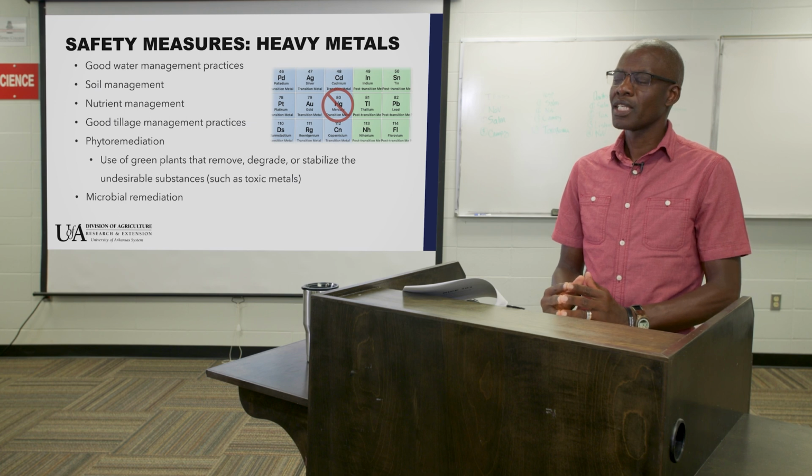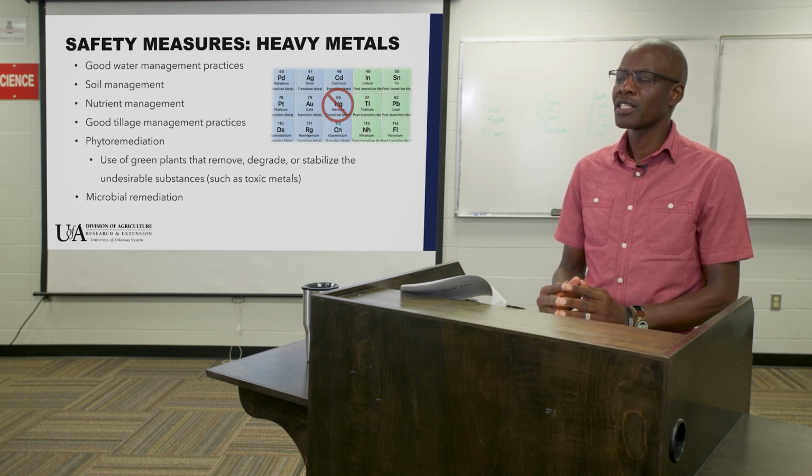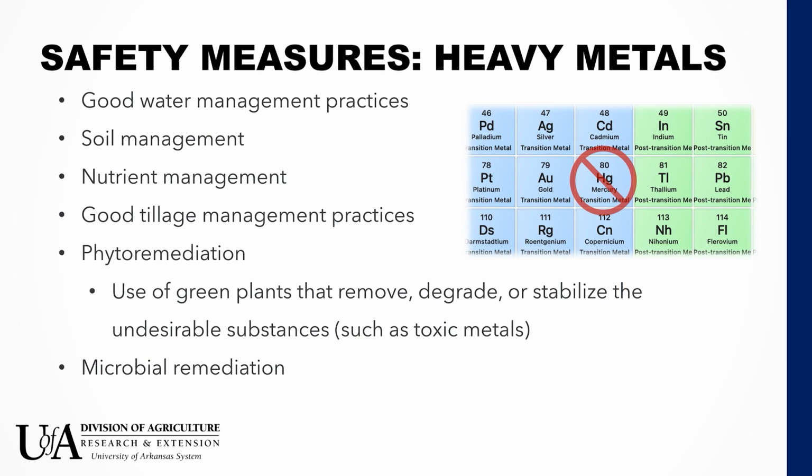Now, some of the safety measures to contain the effects that result from this heavy metal absorption by the plant would definitely include things like good water management practices. There are techniques out there that are looking at methods like alternate wetting and drying in order to reduce the amount of water, and in so doing also probably reduce the levels of chemical that can be taken in by the plant.